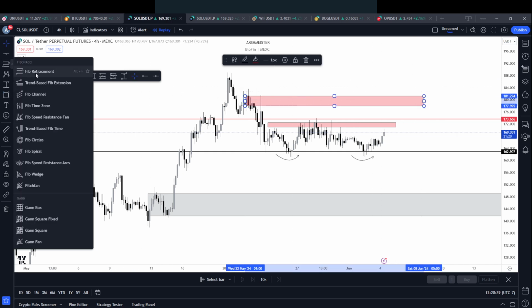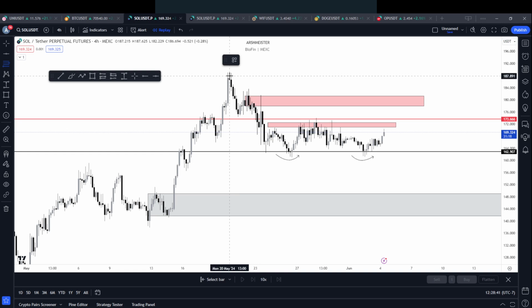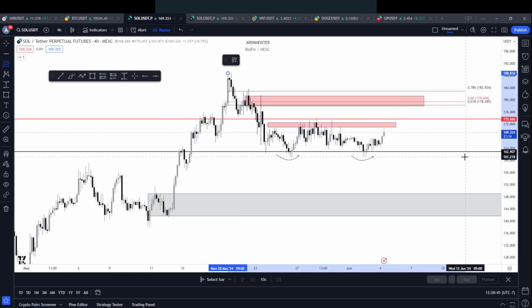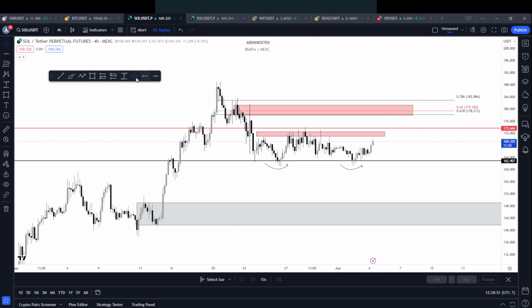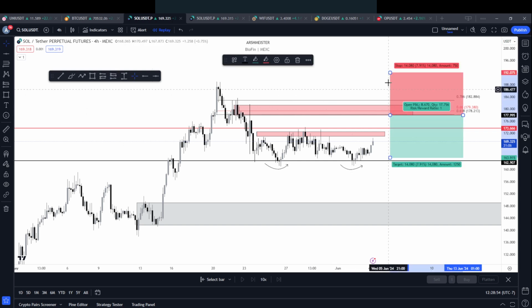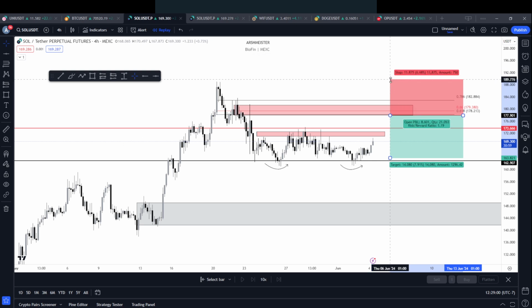We have a golden pocket around 178 up to 180. Multiple confluences for a short. Stops above the wick. Entry, DCA around 183-ish should bring your average up to like here after the fact.